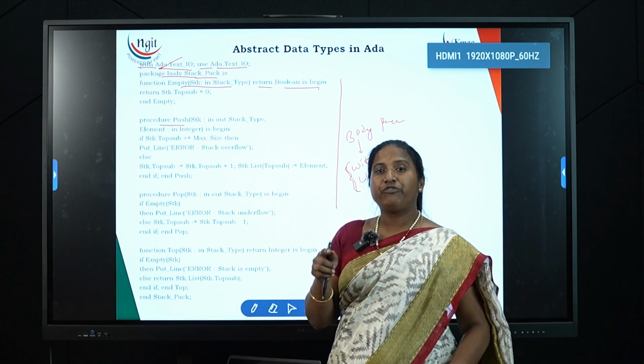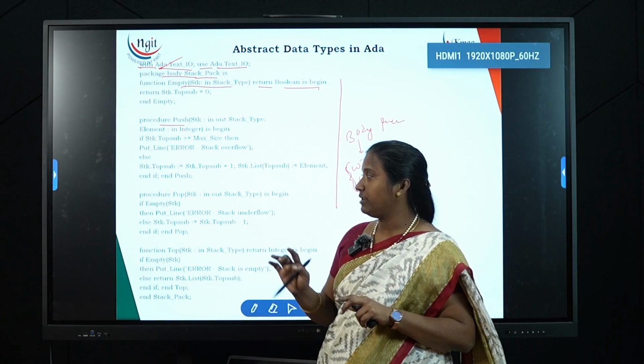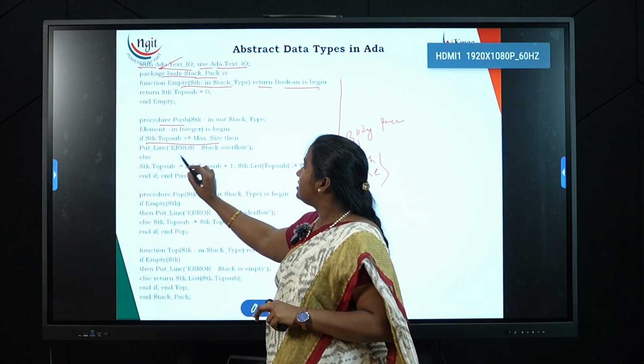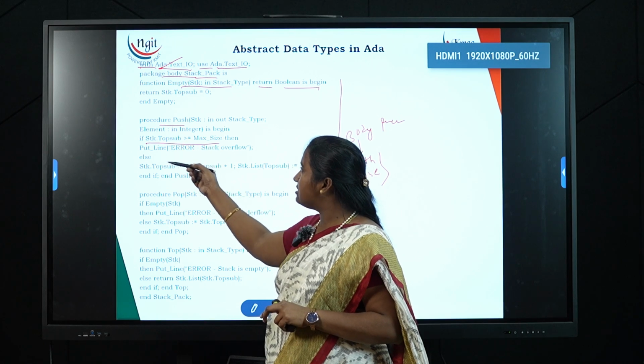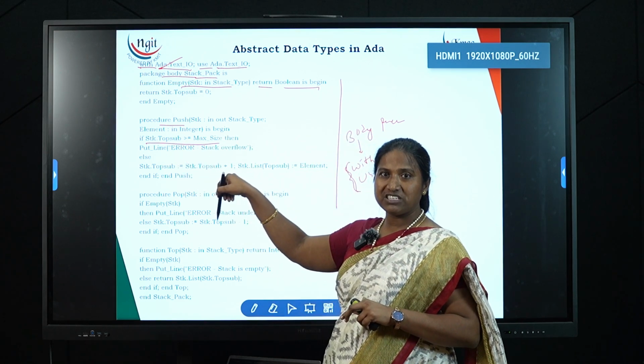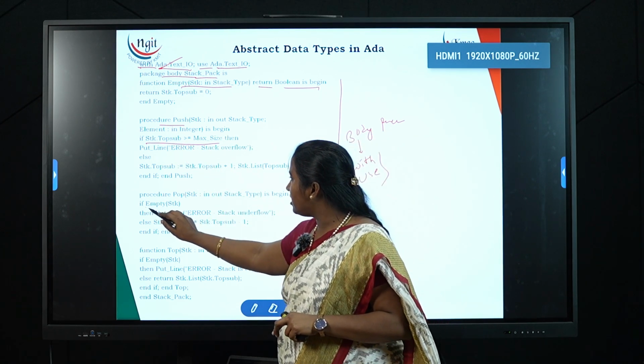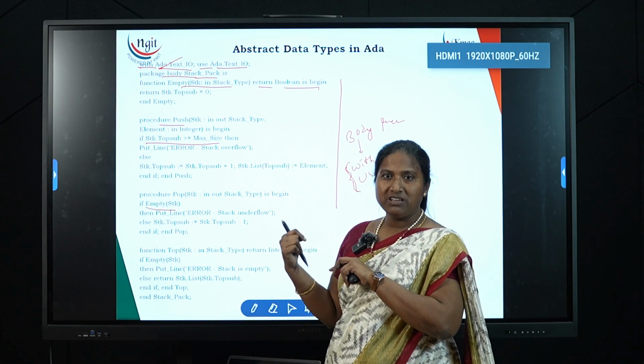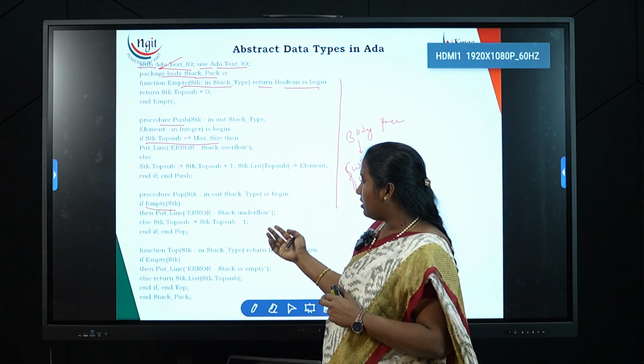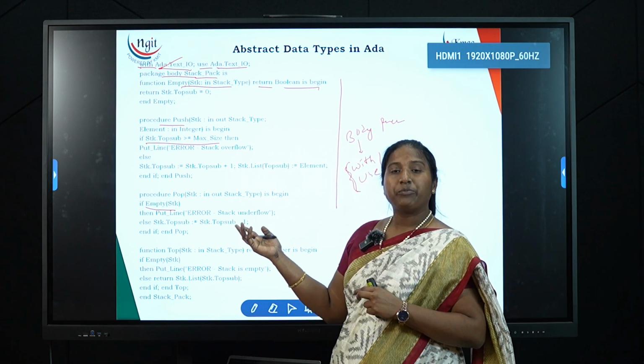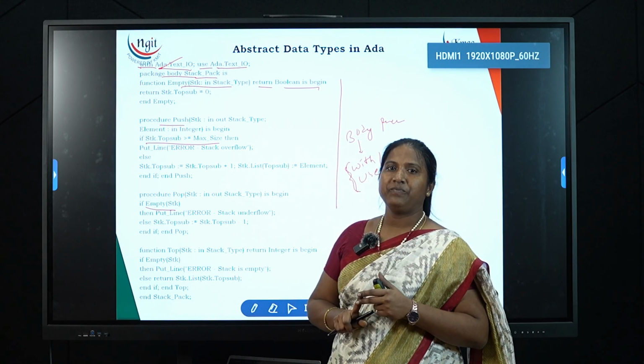When the stack is full, the pop operation can be done. So we'll take the conditions to put the element inside the stack, and we'll take the condition to pop the element from the stack. So that's about the programming of abstract data types in ADA. Thank you all.